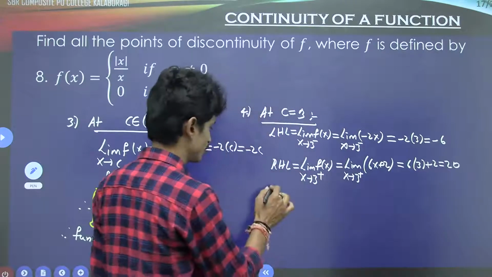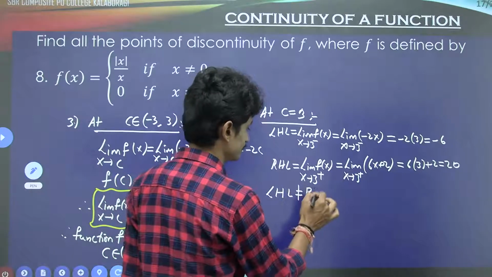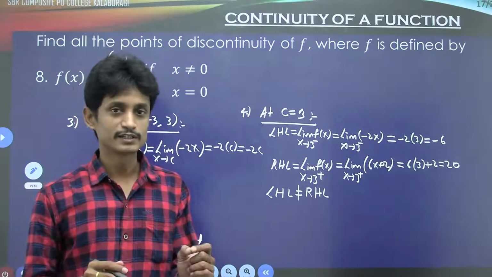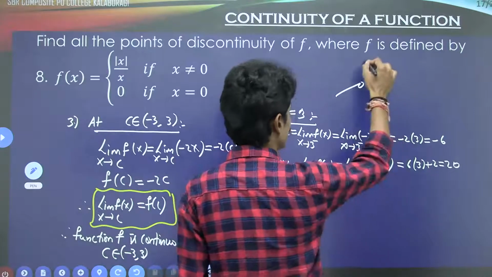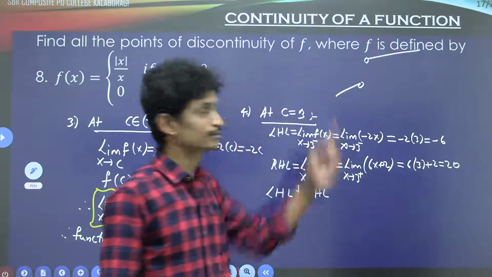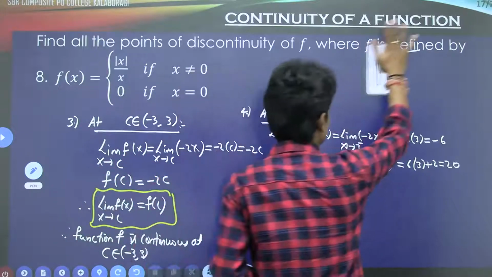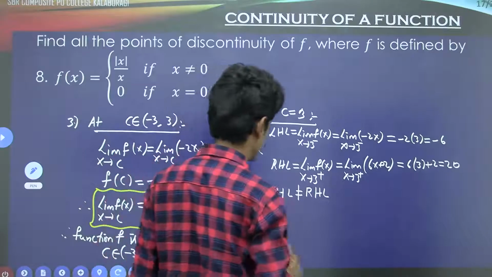Here we can observe that the left limit is not equal to the right limit. We understood that in the left deleted neighborhood we are getting 6, and in the right deleted neighborhood we are getting 20. Like this, we can see a break in the graph exactly at x equal to 3. Therefore, what can we write?